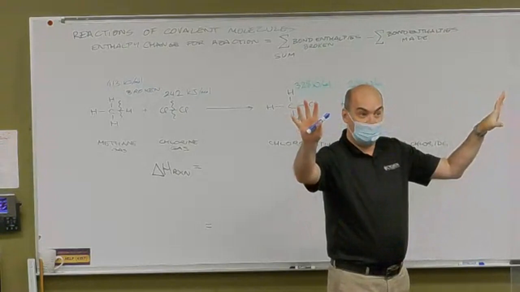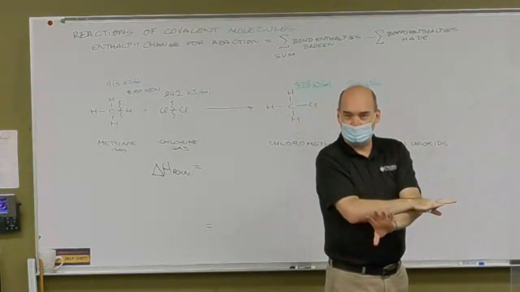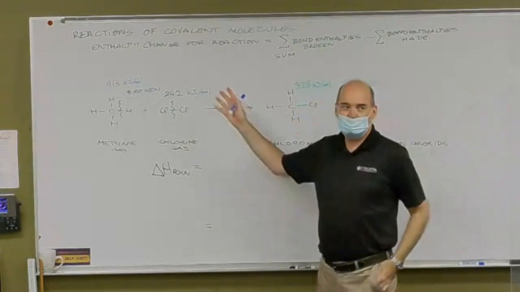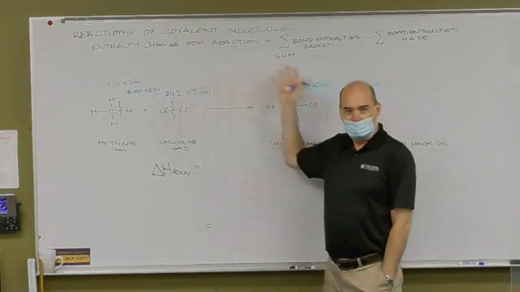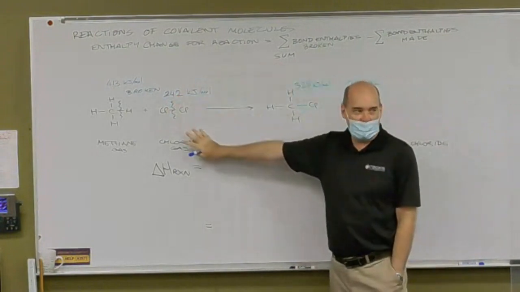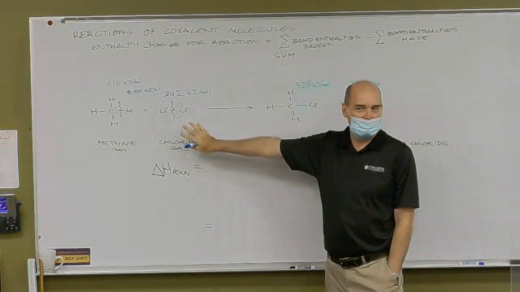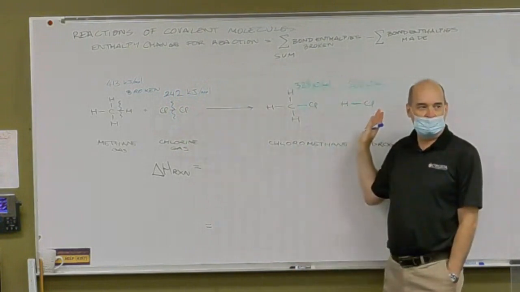So we had to write everything out and then flip those numbers. This one is bonds broken, bonds formed, and because we always write the reactants on the left, we're always going to have the bonds broken on the left and the bonds formed on the right.